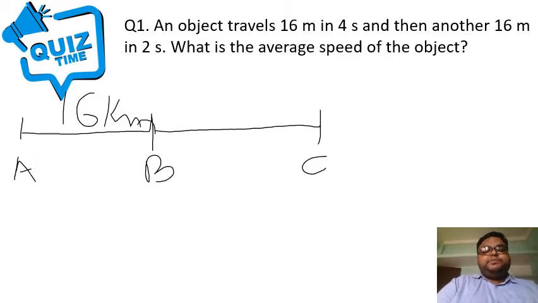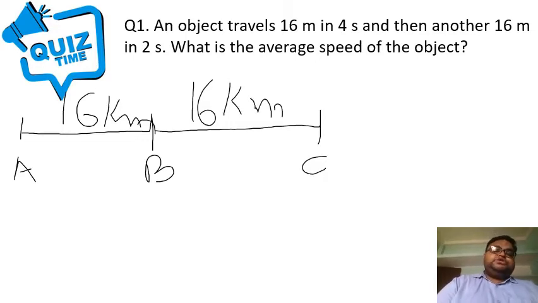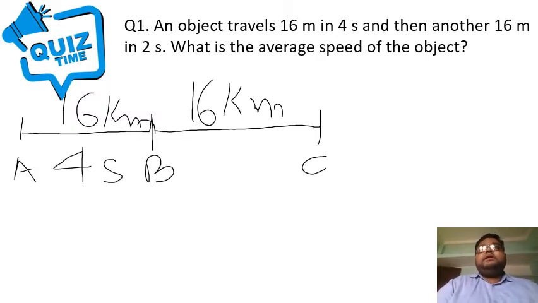The distance between point B and point C is also 16 meters. The time taken to travel from A to B is 4 seconds. The time taken to travel between B and C is 2 seconds. We need to find the average speed.